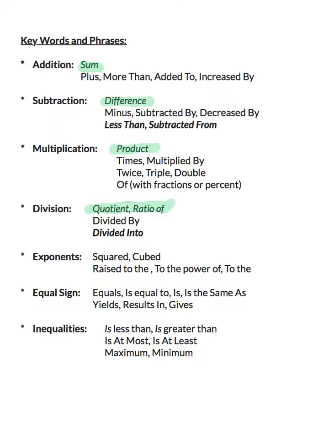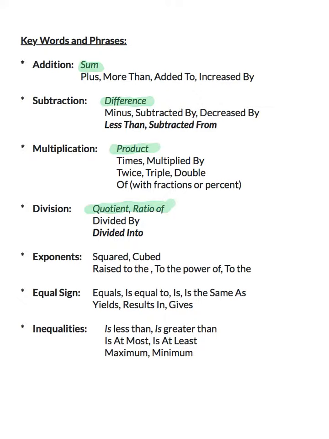Finally, we have our equal signs and our inequality signs. For our equal signs, we have equals, is equal to, is by itself, is the same as, yields, results in, gives.